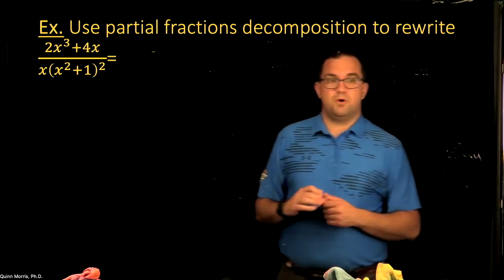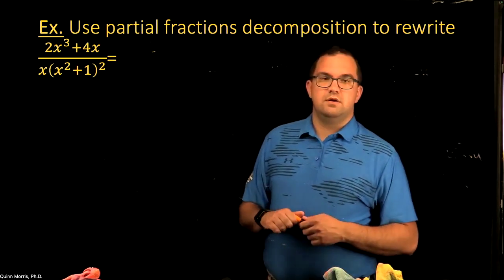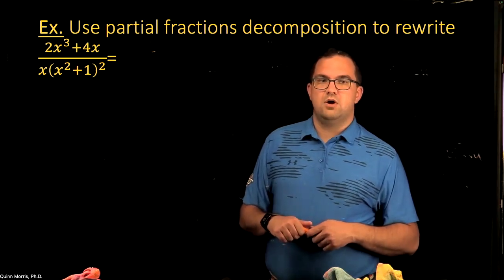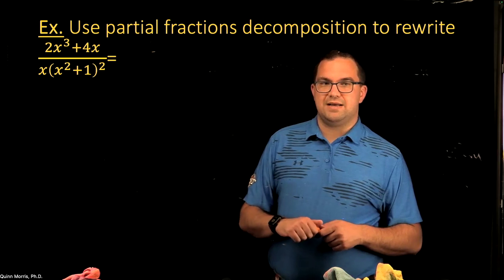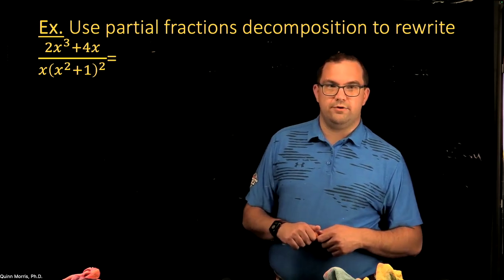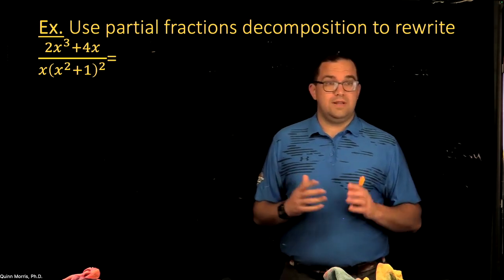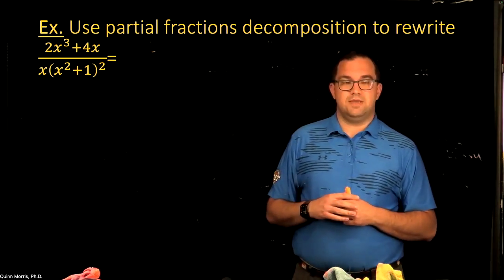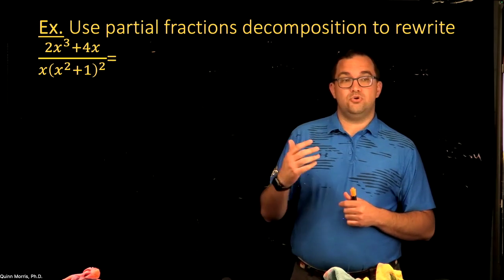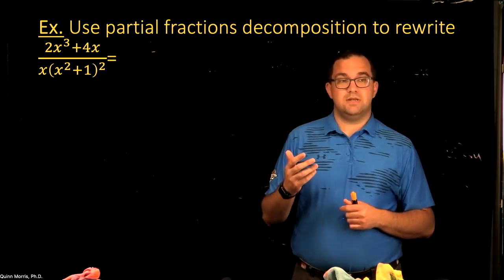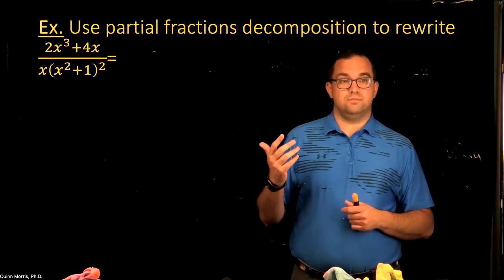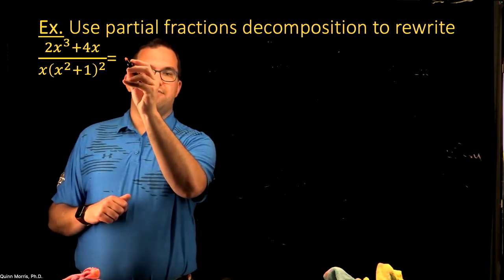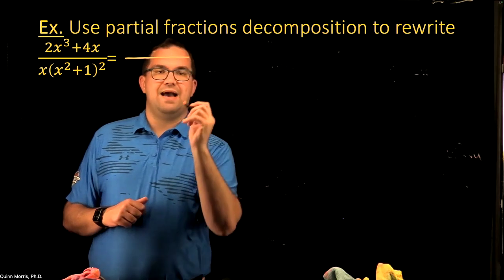Imagine I want to use partial fractions decomposition to rewrite 2x cubed plus 4x divided by x times the quantity x squared plus 1, squared. Now, an important note, and an important factor in getting this set up correctly to begin with, is that we're always going to assume that our rational expression is in simplest terms. In particular, the numerator and denominator actually have a common factor of x.